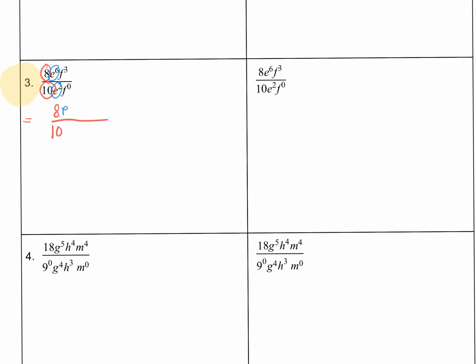So for e to the 6th, I'm going to write 6 e's multiplied together. And for e squared, I'm going to write 2 e's multiplied together. So all of these are being multiplied together. And then I also see on the top we have f to the 3rd. So I'm going to write 3 f's being multiplied together. And then I see f to the 0 on the bottom. So if it says 0, then I'm not going to write any because it says 0.